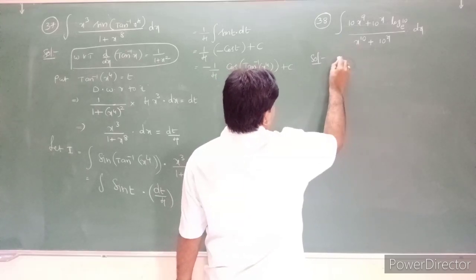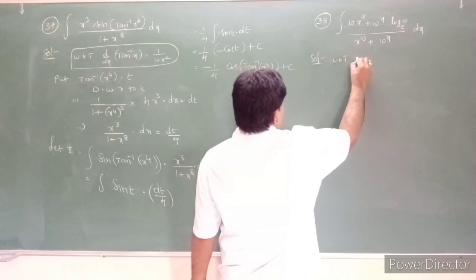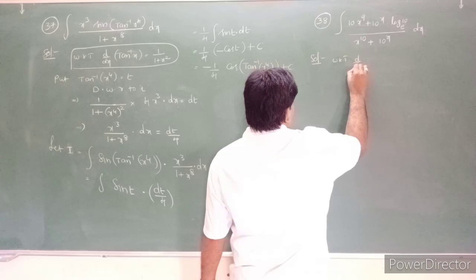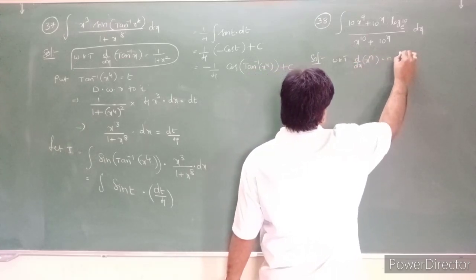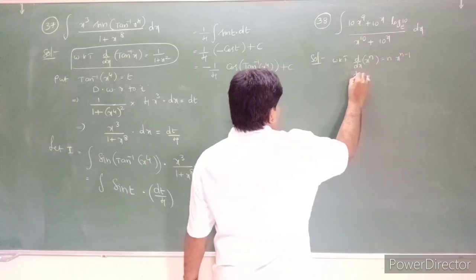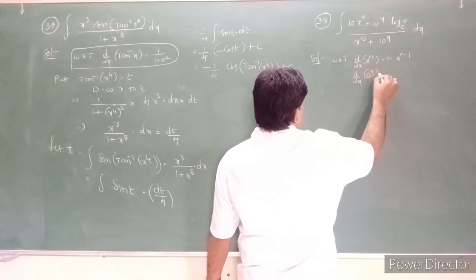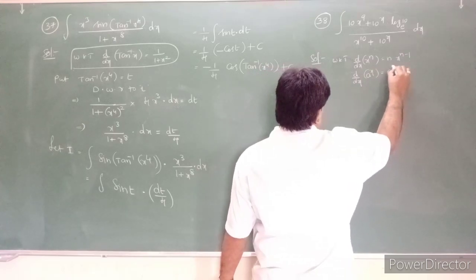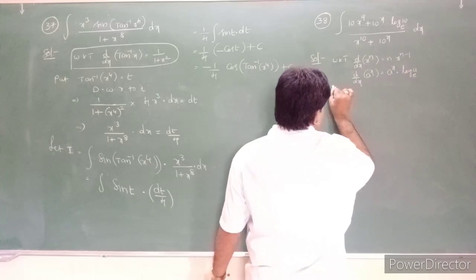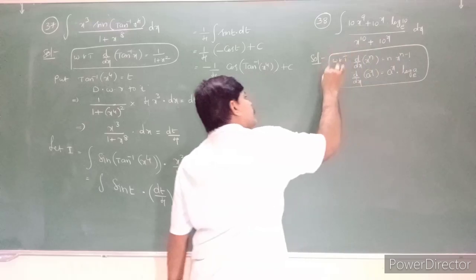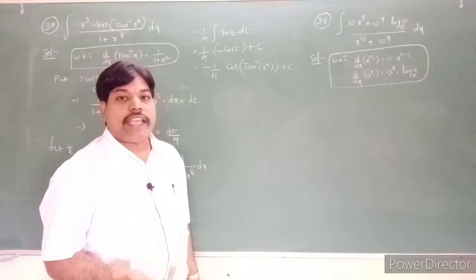We know the derivative of x power n is n into x power n minus 1, and the derivative of a power x is a power x into log a base e.